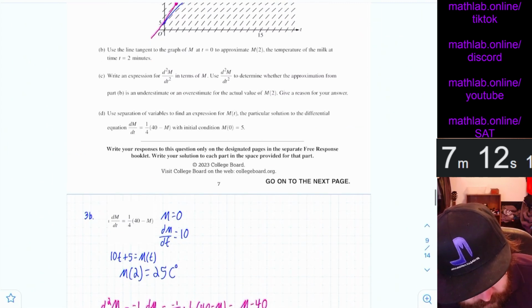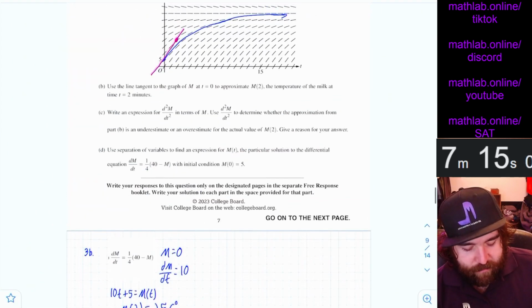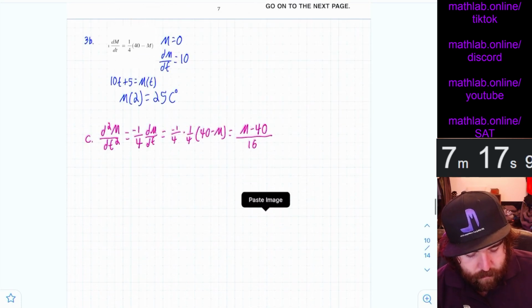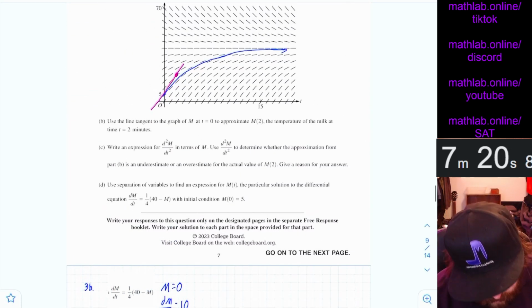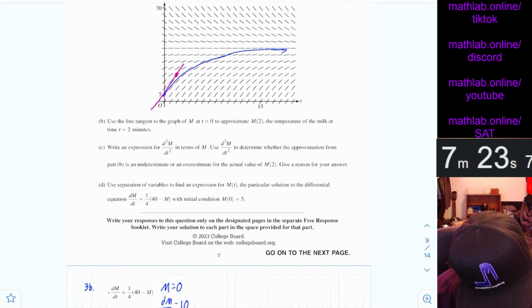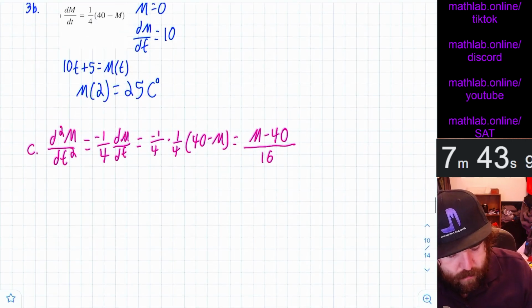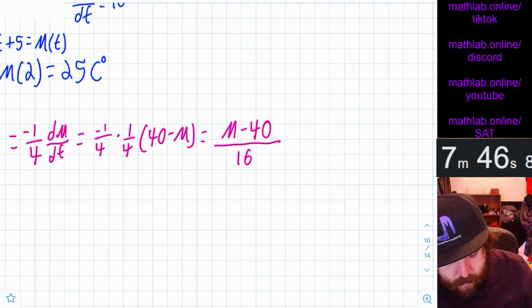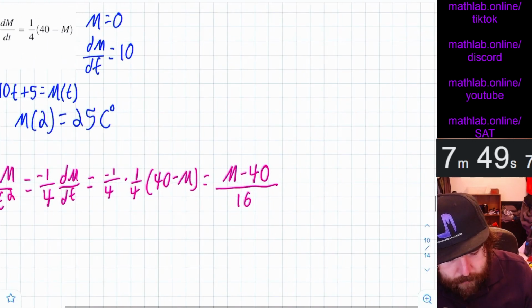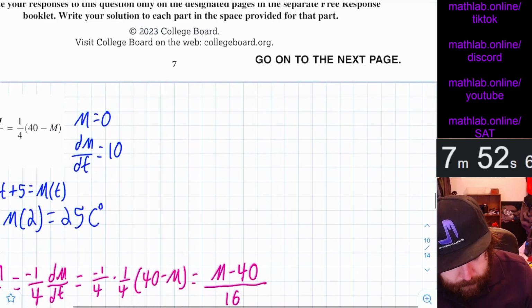So then we need to find, we already know this. We already know that it should be negative at time equals 2. So when it's a function of m, how does that really work?